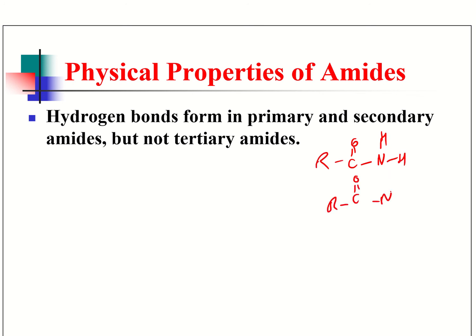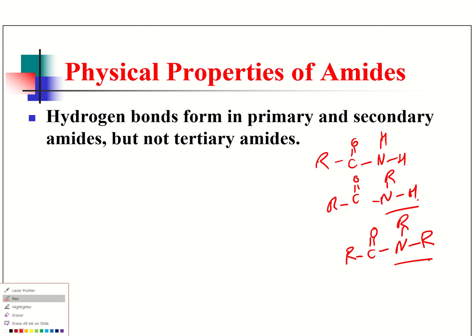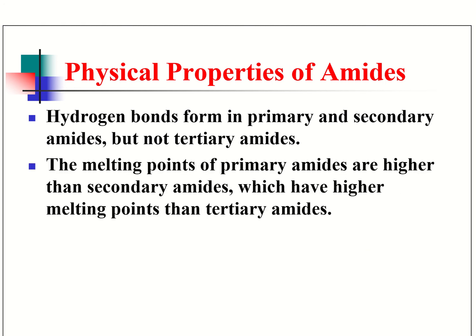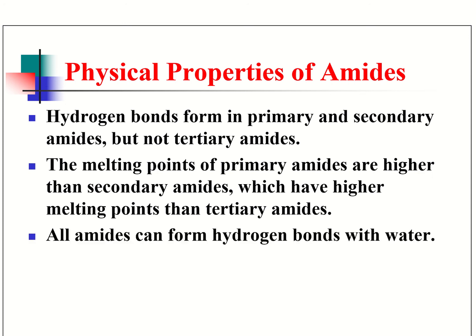In our secondary we have N, an R group there, and H. So we still have opportunities for hydrogen bonding, and that opportunity, like our tertiary amines, is removed when we remove the hydrogen and replace it with alkyl groups. So we won't get any hydrogen bonds with tertiaries. The melting points of primary amides are higher than secondaries, which are in turn higher than tertiaries. That is because you are reducing the amount of hydrogen bonding as you go from primary to secondary to tertiary. We're assuming all similar molecular masses.